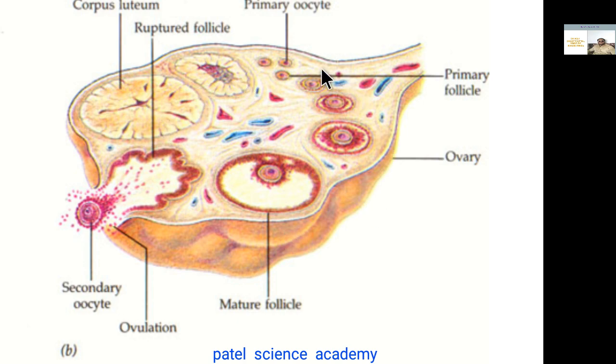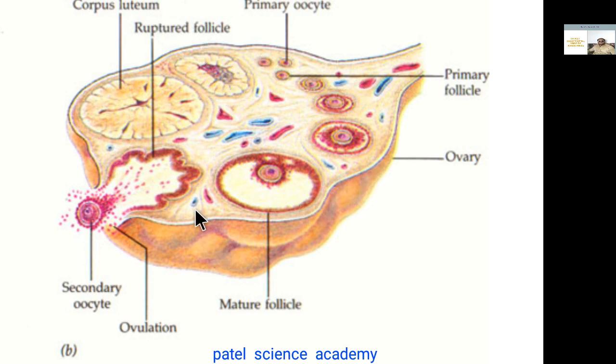So all these changes, from the primary follicle to the Graafian follicle, from the Graafian follicle to the ovum formation, and then through ovulation, go on to the corpus luteum and corpus albicans.